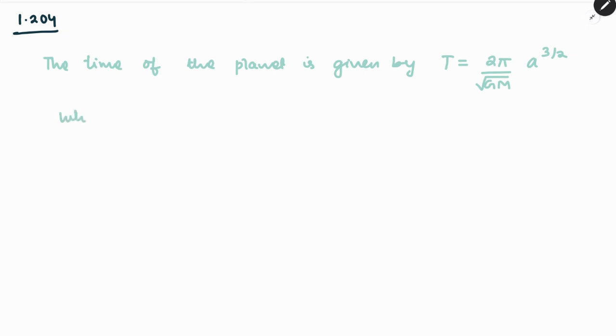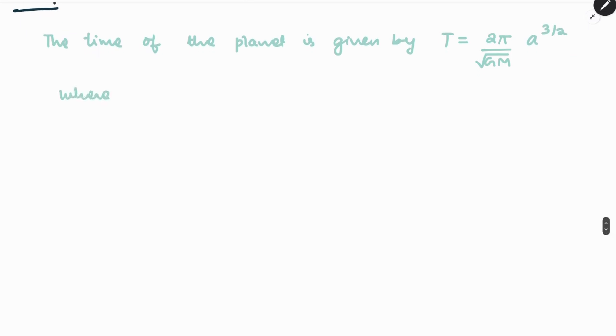So if we begin this problem, we say that we have a general formula for the time period of the planet, which is given by T equals 2 pi by root over GM, a to the power 3 by 2, where capital M is the mass of the sun.